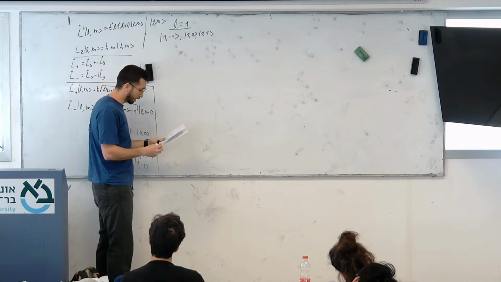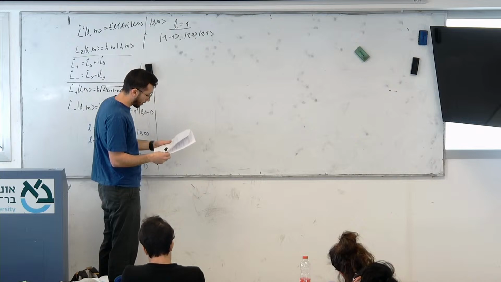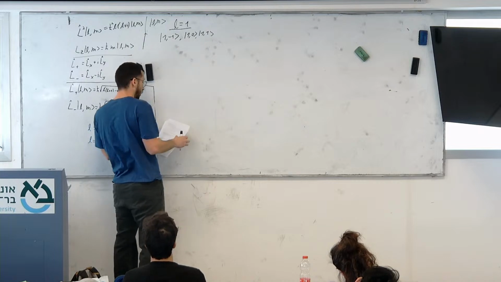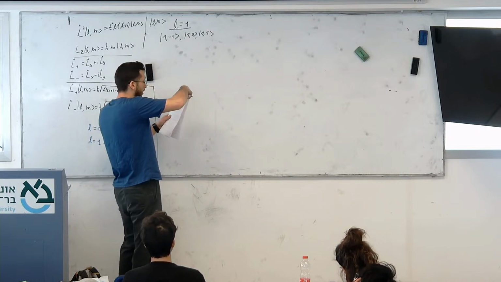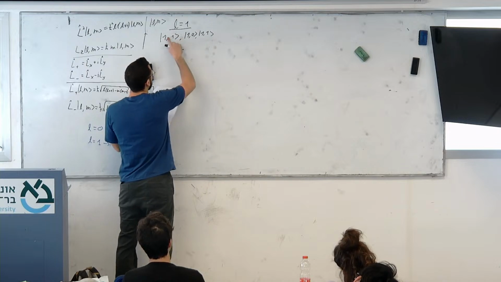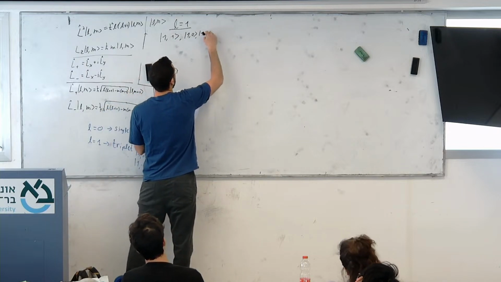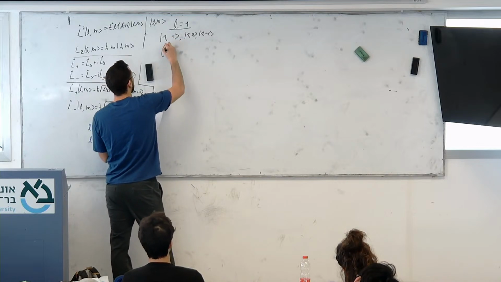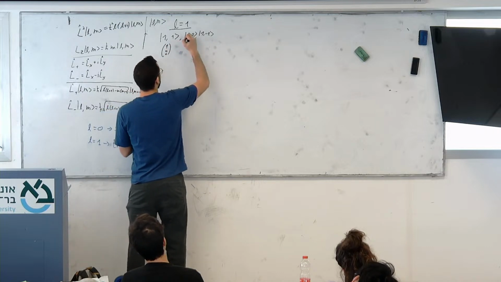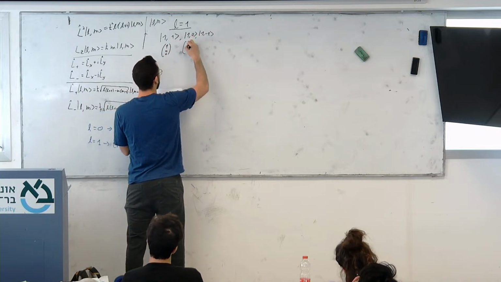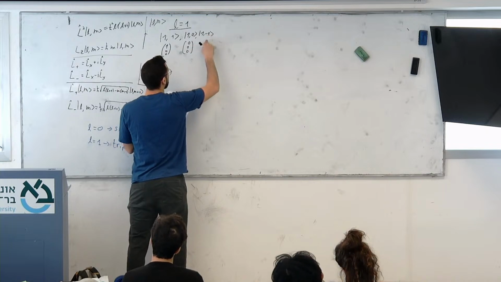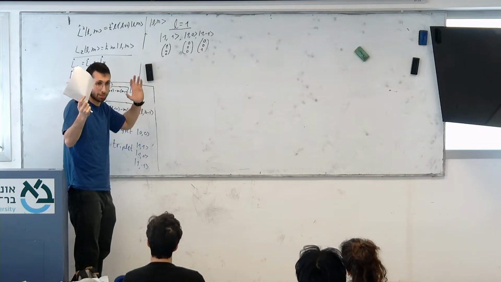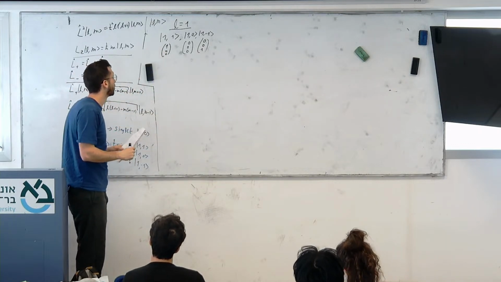So let's start by representing this. Let's be consistent. Let's write here minus 1, and this is 1. I can represent this vector as (1,0,0), this one as (0,1,0), and this one as (0,0,1). I can do it in a lot of ways. I just did it in one specific way to make it easier for us.